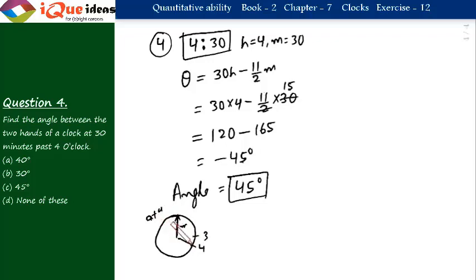But at 4:30, the minute hand is at 6, and the hour hand is between 4 and 5, here. This means from here to here, the minute hand has crossed the hour hand. So whenever this situation happens, the angle will always come out negative. So don't worry about it. The angle is always the value of that angle that you get.